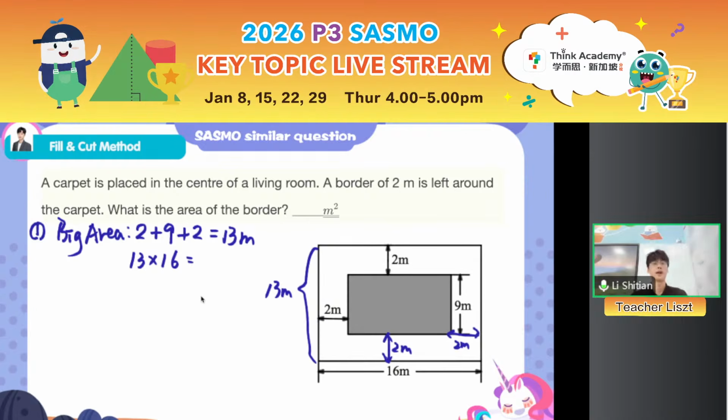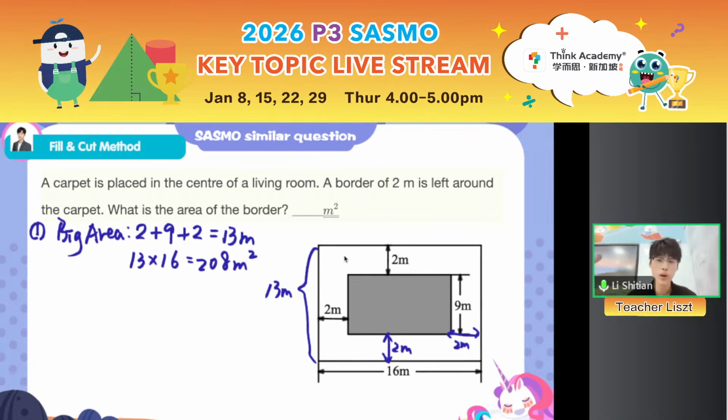We need to use vertical multiplication, right? Come on, do the calculation, guys. What is the answer? 208 meter square, right? So we know the area of the big rectangle here.